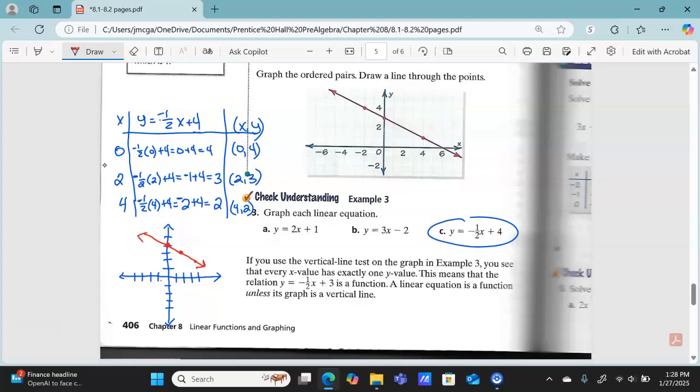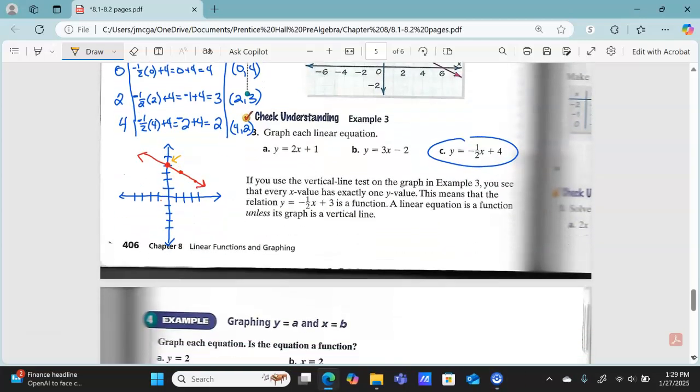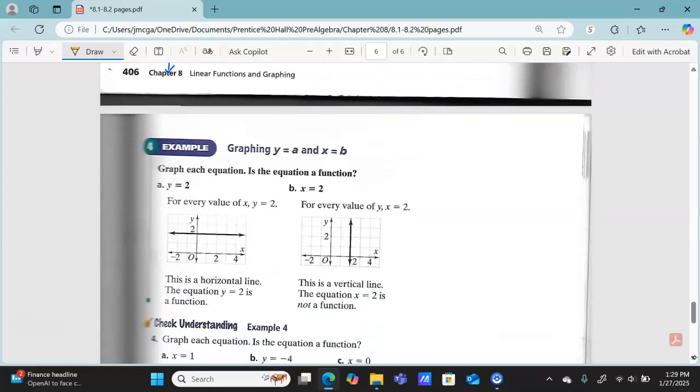If you look at this equation, that plus 4 is that point right there. That, the number added or subtracted to the x, represents what is known as the y-intercept. And there are some other features to that equation, which we'll come to shortly.